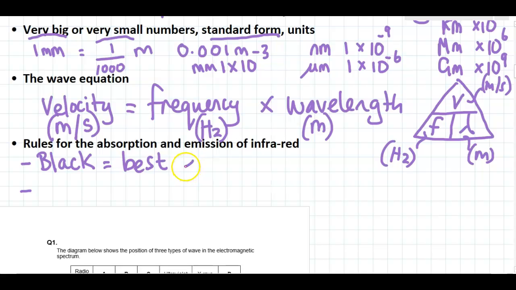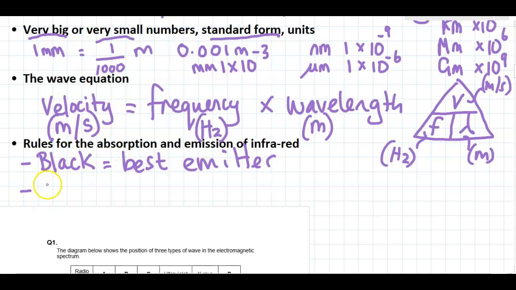Black surfaces are the best emitters of infrared radiation. If something is hot and black, it emits infrared better than something that's hot and white or hot and shiny.